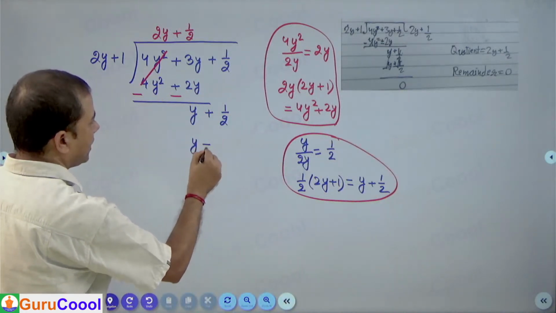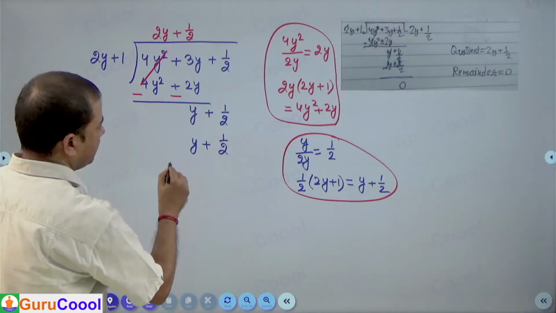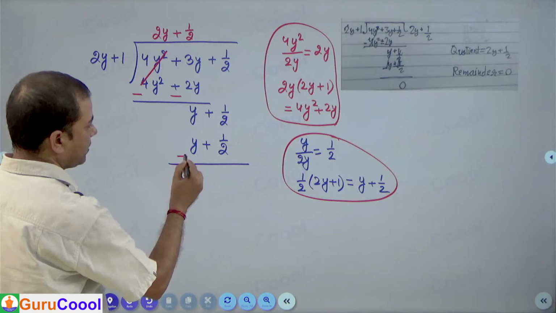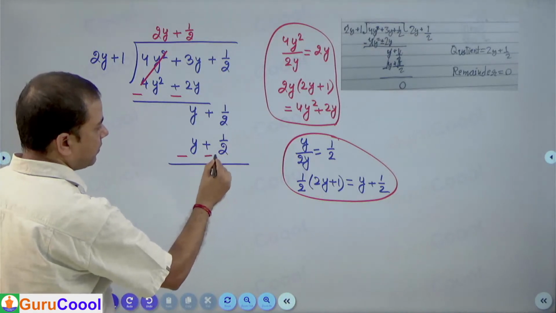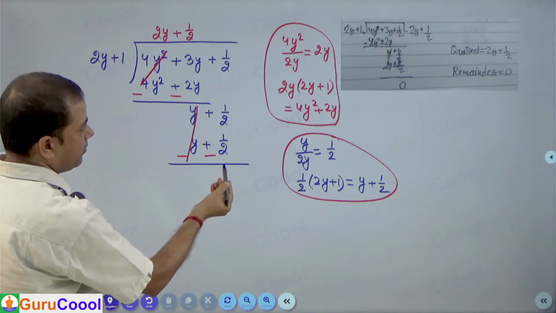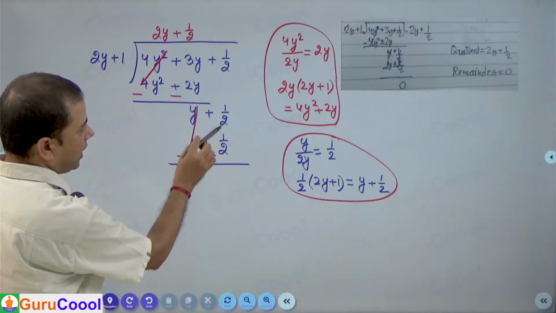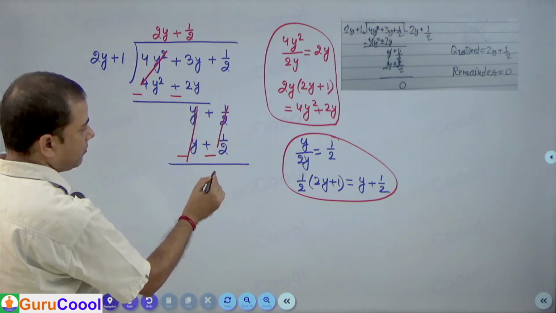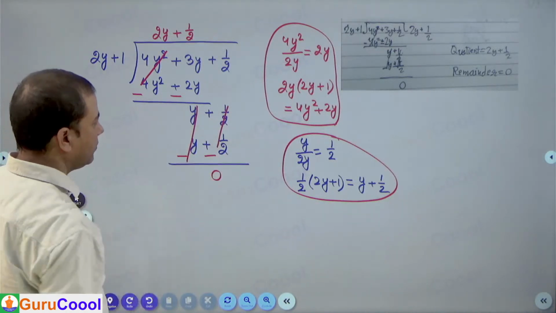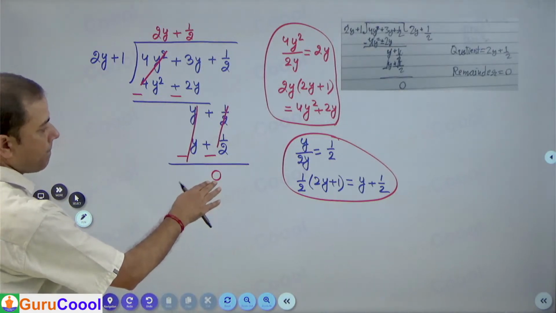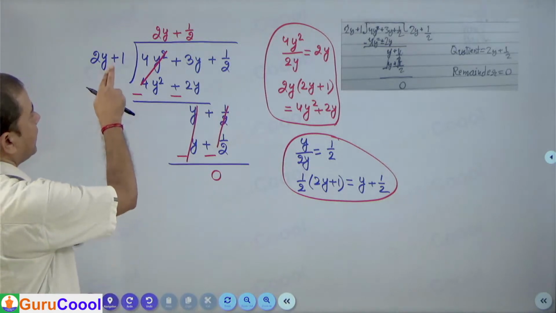Y plus 1 by 2. Sign change. Plus y becomes minus y. Plus half becomes minus half. First term cancels. Second term also cancels because they have the same value, opposite sign. We have got nothing in the remainder, it's just 0. Now we have to stop. 0 means degree 0, and here is degree 1.